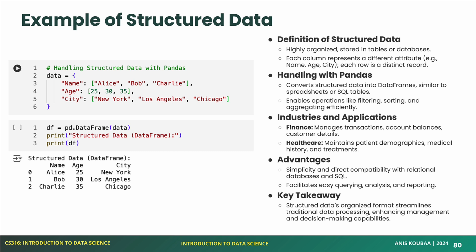In healthcare, it can be used to maintain patient demographics or medical history, and to write medical reports or treatments for the patient. So the advantage is very simple. It doesn't require huge storage resources and can be easily manipulated with SQL or relational databases by making queries, analyzing the data and providing reports.